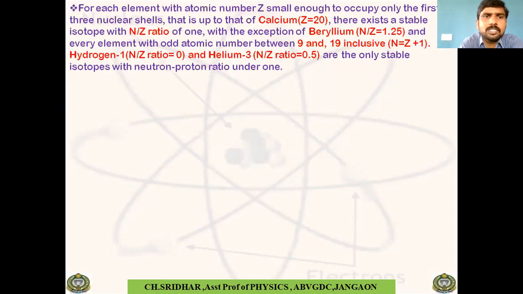Hydrogen, with N by Z ratio equal to 0, and helium, with N by Z ratio 0.5, are the only stable isotopes with neutron proton ratio under 1.